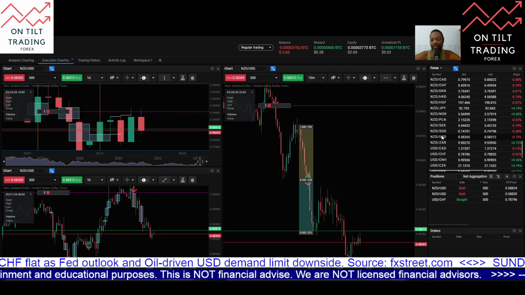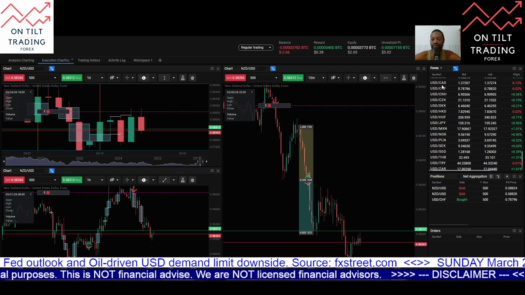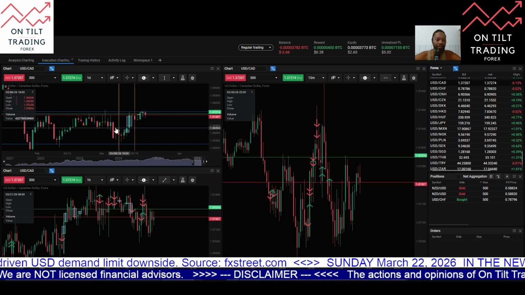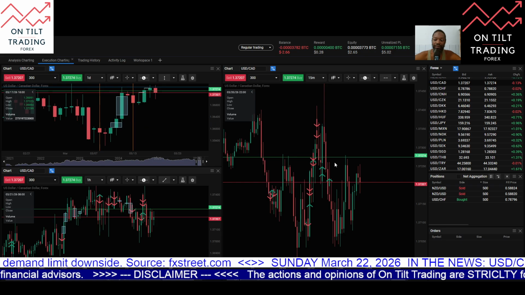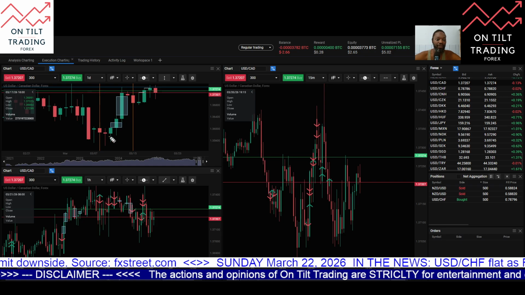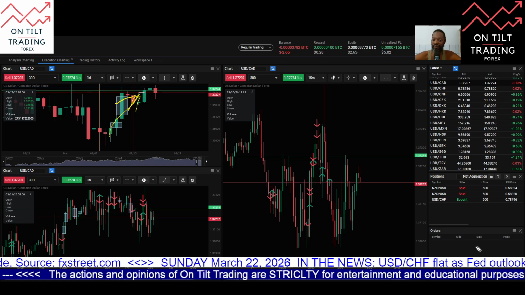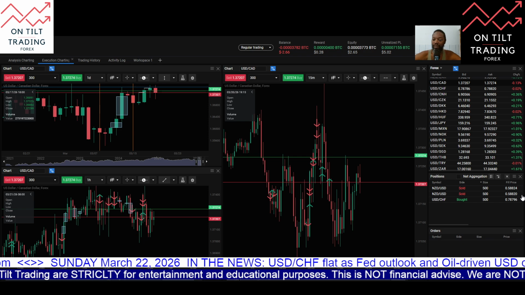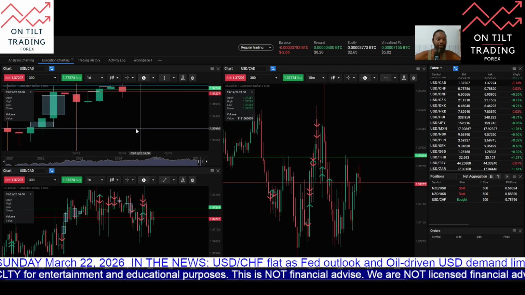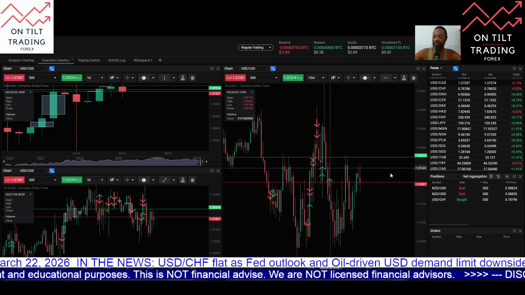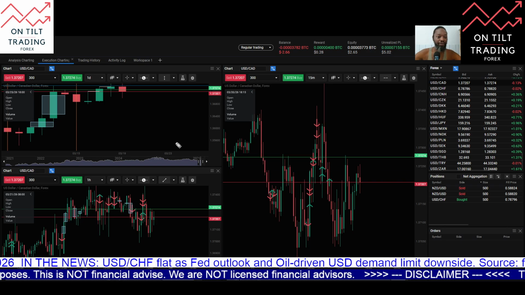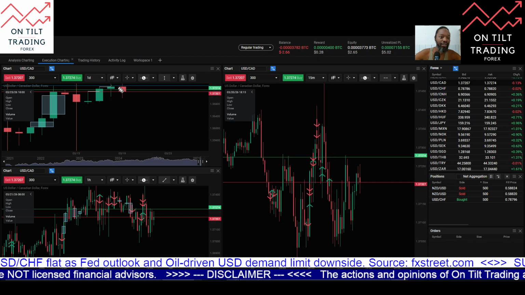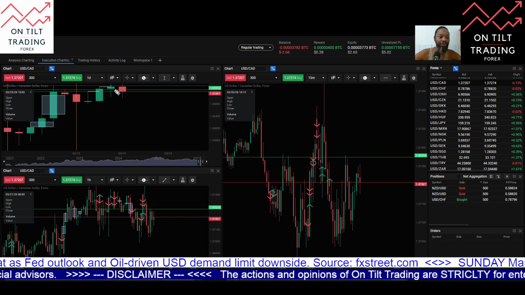We'll come down to dollar CAD. So dollar CAD trended to the buy side last week, and now this week has traded above the weekly high, but failed to close above the weekly high.